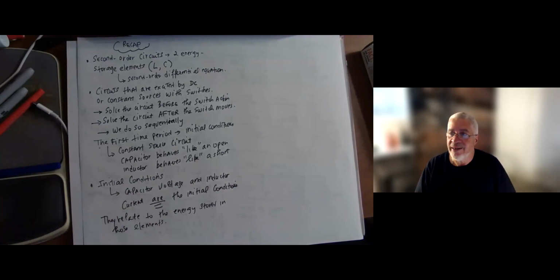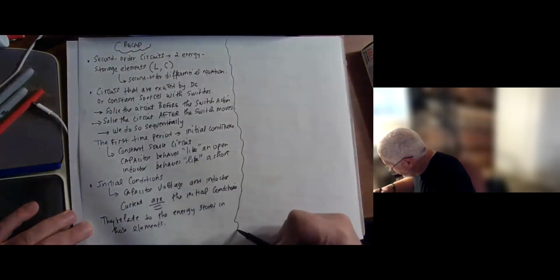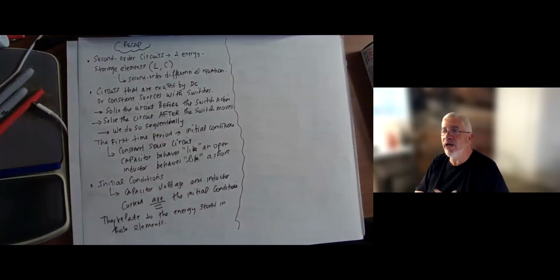That's the inductor current and the capacitor voltage. You can think of them as being related to the energy stored. The energy is the initial condition for these elements. Okay, so I'm hoping this is a pretty good summary of the key points that you need to be mindful of when you get a second order circuit.